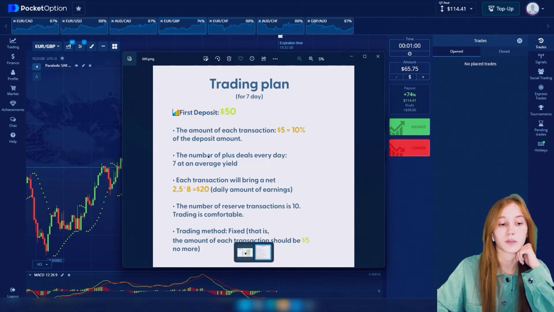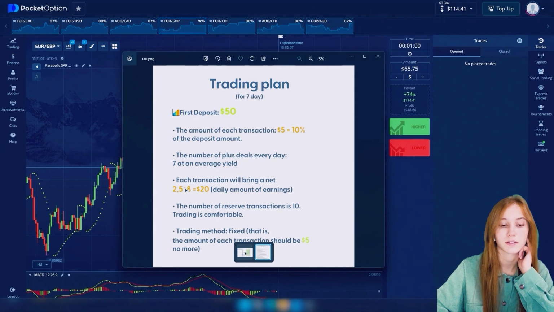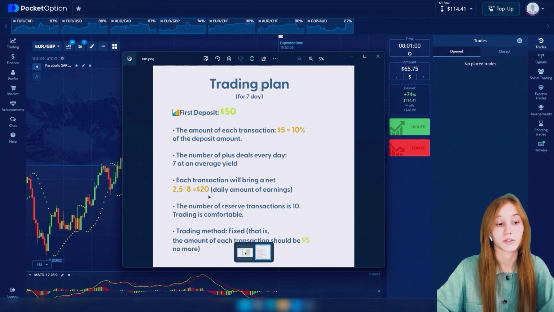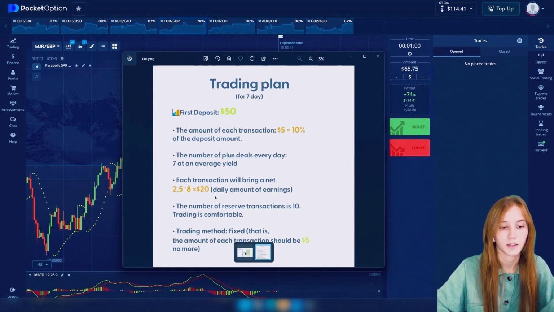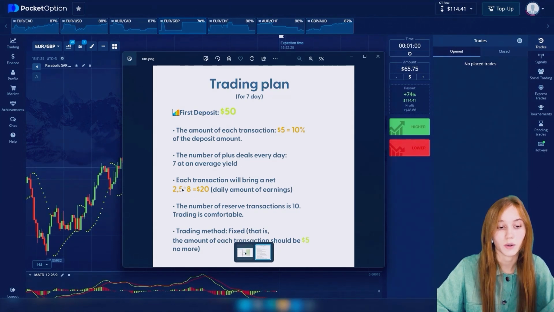Every deal will bring at least $2.5, plus or minus maybe. So you can use it. I repeat, this depends on your initial deposit. If you want to understand more, the first deposit amount should not be $50, it should be in bigger amounts.